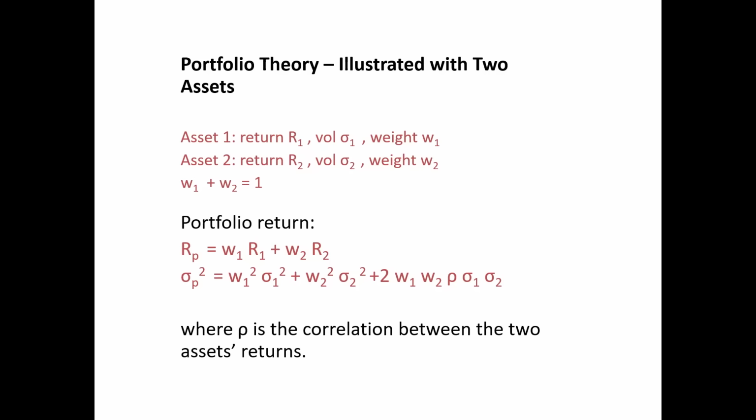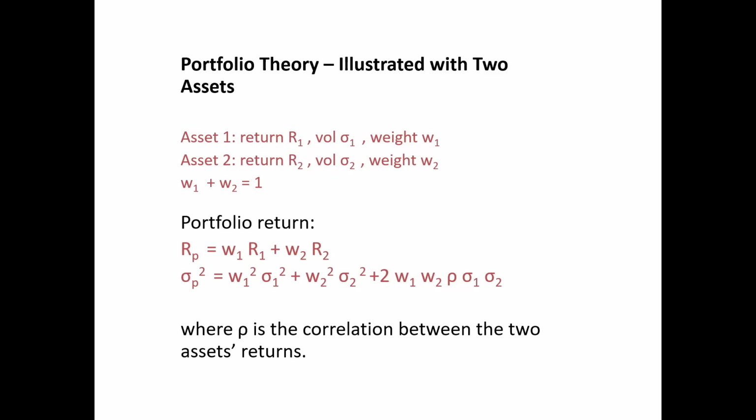So I'm going to spend a few minutes on the portfolio theory, which is illustrated with two assets. Asset 1 has a return R1, volatility sigma 1, and a weight in the portfolio of W1. Similarly for asset 2. The sum of the two weights should equal 1, W1 plus W2 equals 1. And the portfolio return, denoted here as R sub P, is the weighted return of R1 and R2, right?